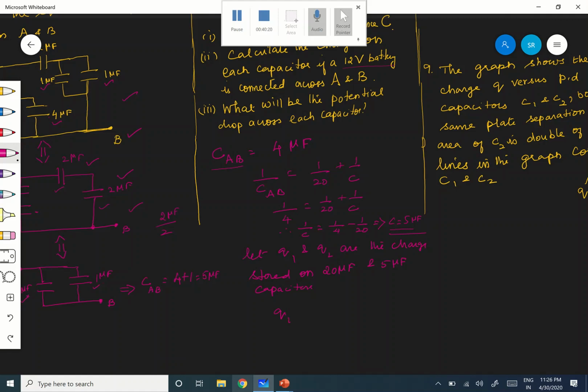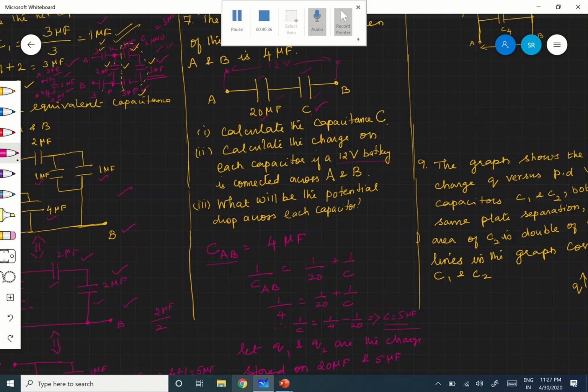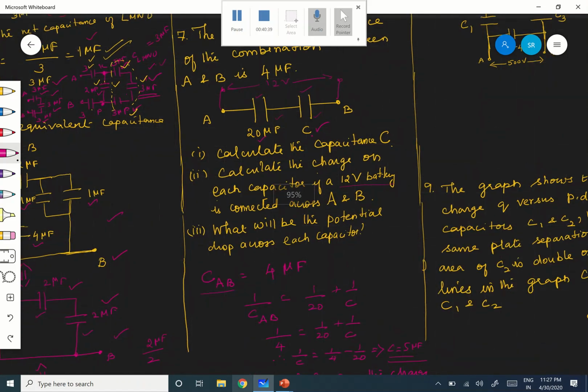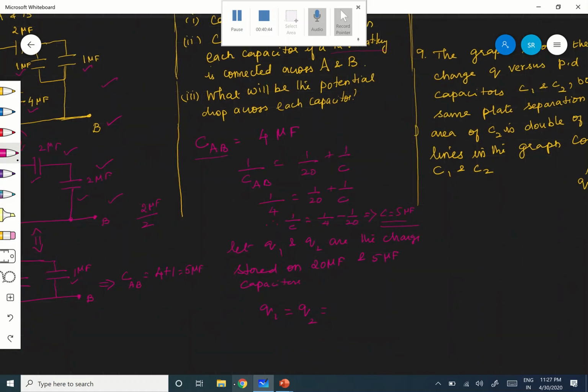Both are connected in series, therefore Q1 should be equal to Q2. Are you following me? Q1 is equal to Q2, and that is nothing but the total charge in the combination. Total charge in the combination is nothing but the equivalent capacitance CAB into VAB.